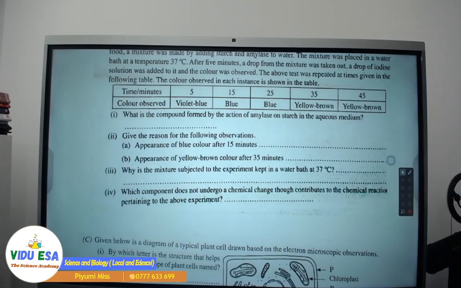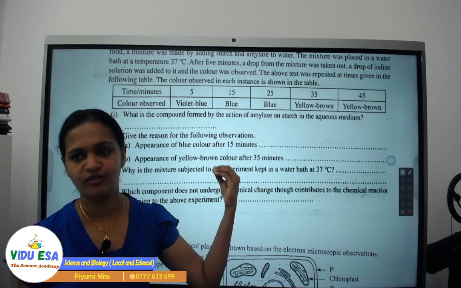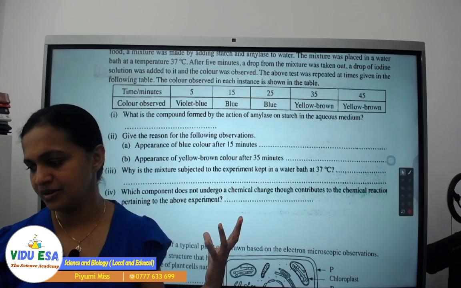Why is the mixture subjected to the experiment kept in a water bath at 37 degrees Celsius? To provide the optimum temperature for the enzymatic action. Enzymes become active.